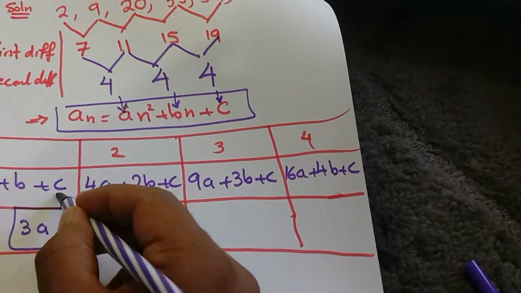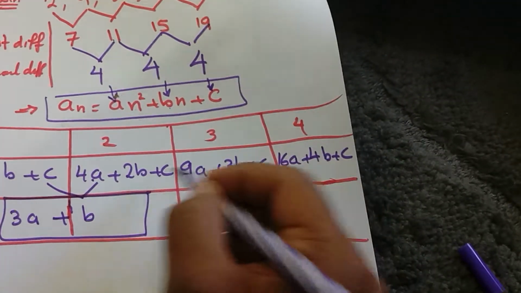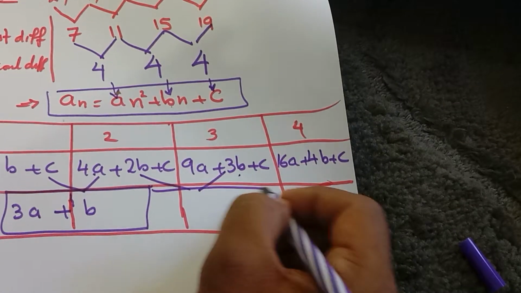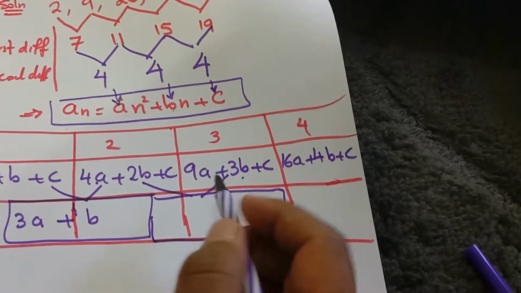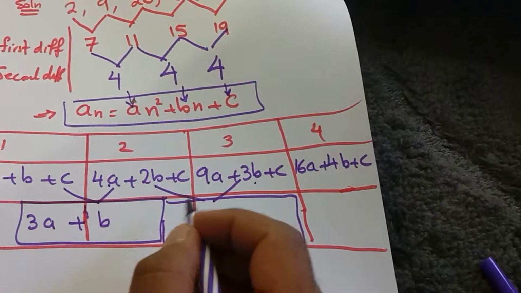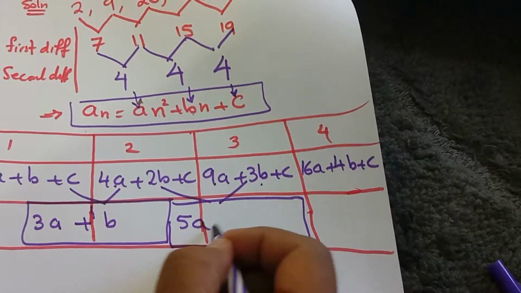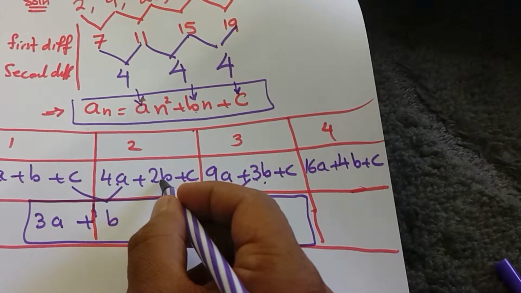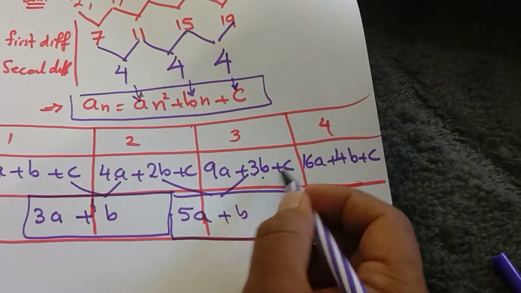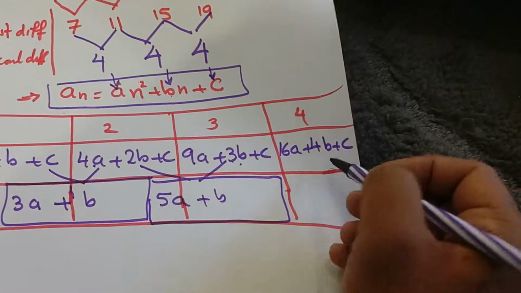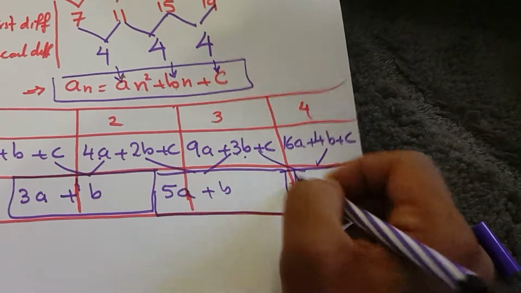So this is the first difference here. Then 9a minus 4a, which is 5a, 3b minus 2b, which is just b, and c minus c, which is 0. You can work also the difference here and write your answer there.